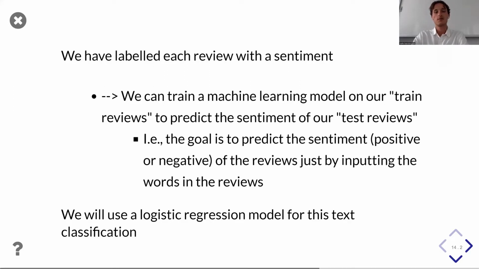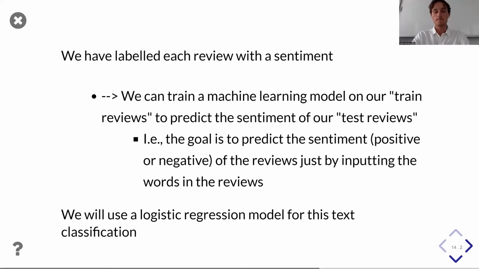And what is useful here is that we can train a machine learning model on our train reviews, so our reviews that are in the train set, and we can use that to predict the sentiment of our test reviews. So the goal is to predict the sentiment, if it's positive or negative, of the reviews just by inputting the words in the reviews.